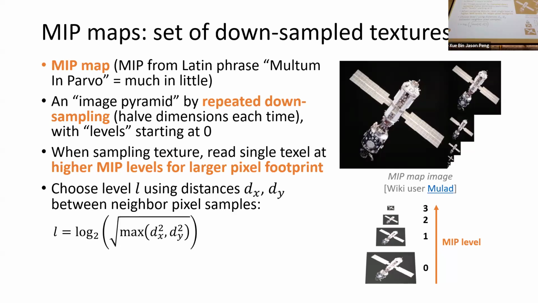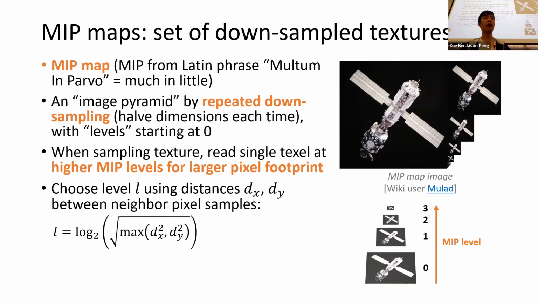So dx and dy here correspond to how quickly the texture coordinates are changing between horizontal pixels and vertical pixels.